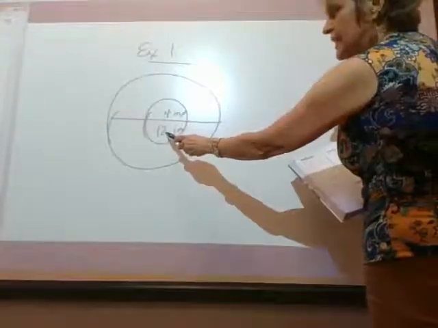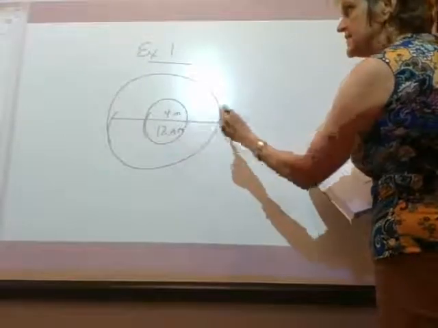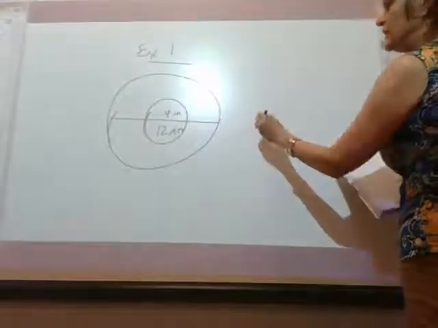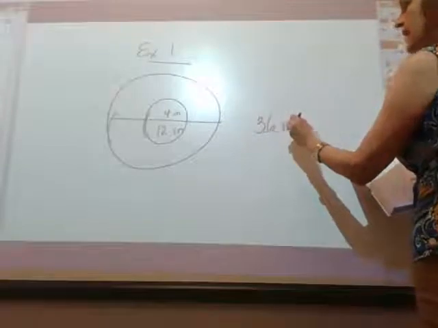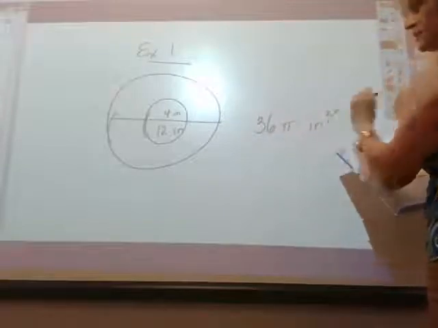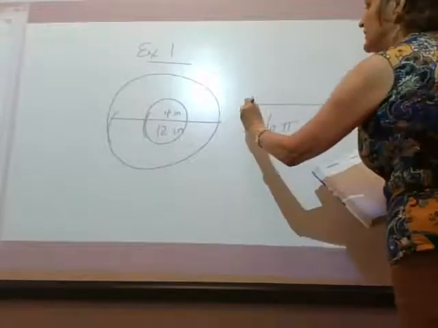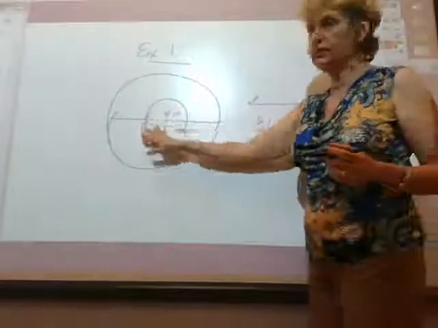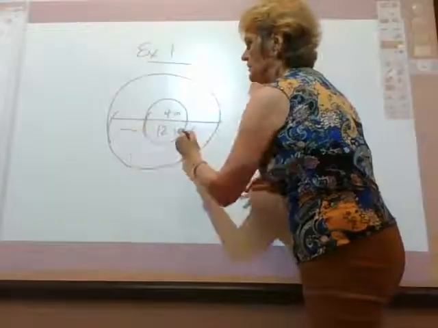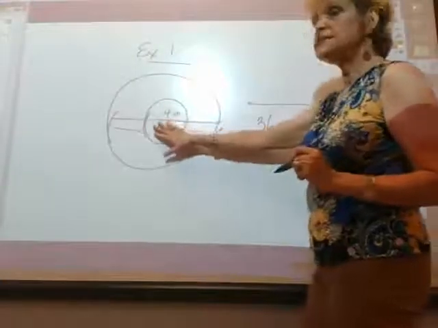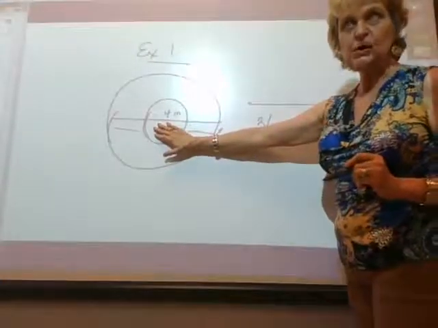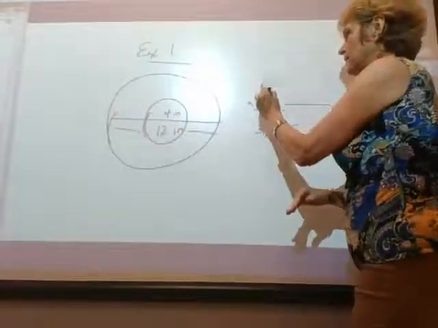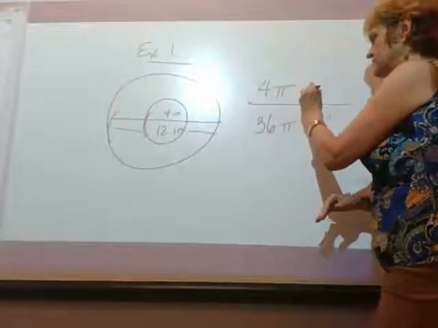Okay, if the diameter is 12, the radius is 6, 6 squared would be 36 pi inches squared, right? Now, the area of the little tiny circle here, that's 4, this is 12 goes here, its radius would be 2. 2 squared is 4 pi inches squared, okay?